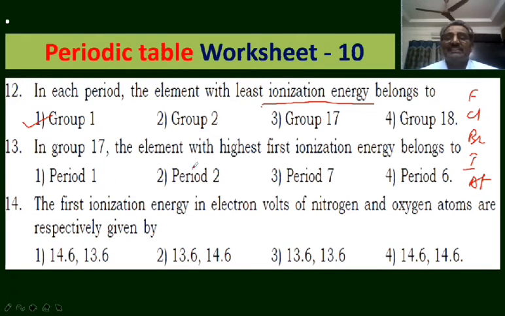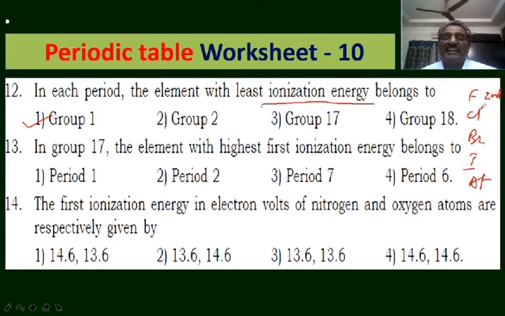The element with the highest first ionization energy belongs to dash. Fluorine belongs to second period. There is no element in the first period in 17th group. The first halogen belongs to second period only.